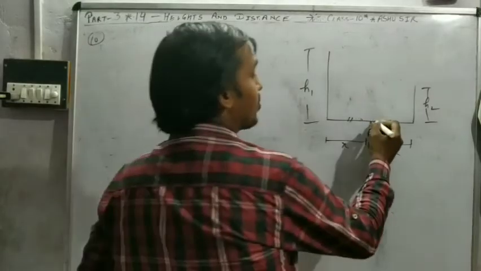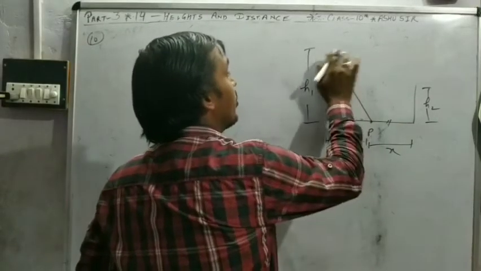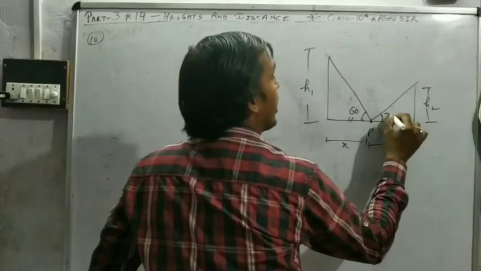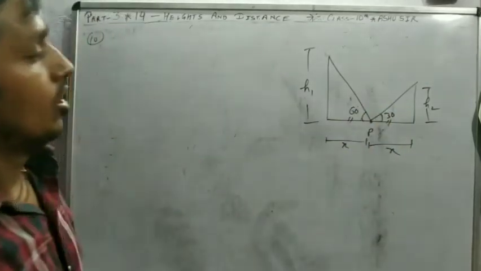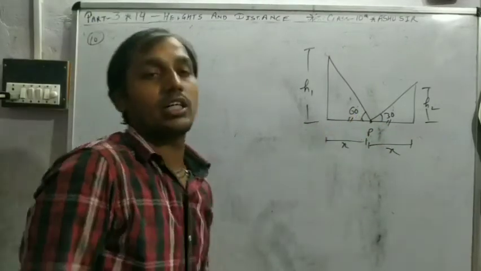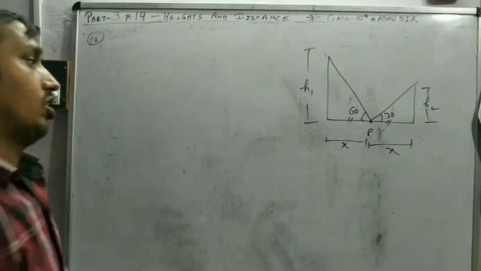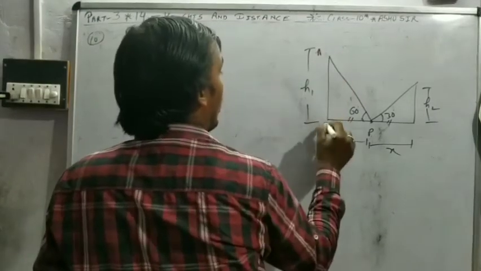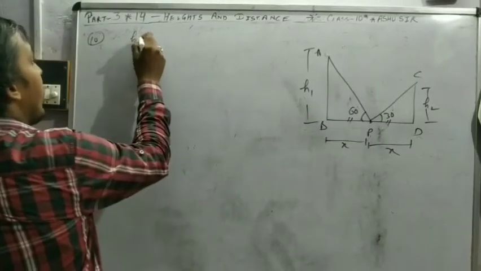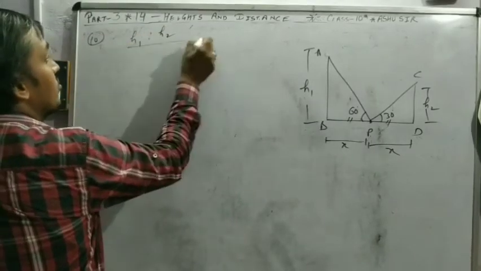So from this point, the first tower h1 makes an angle of 60 degrees, the second tower h2 makes an angle of 30 degrees. If the distance is the same, the greater angle has the greater height. Give the names A, B, C, D. You find the value of h1 to h2.